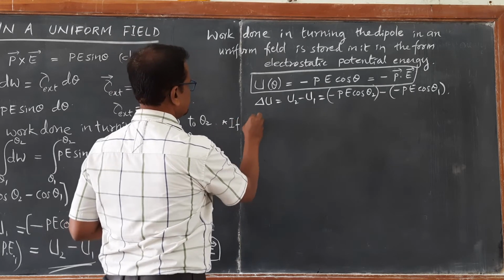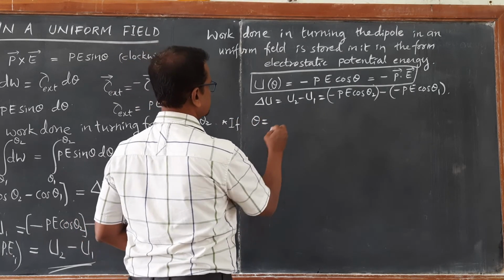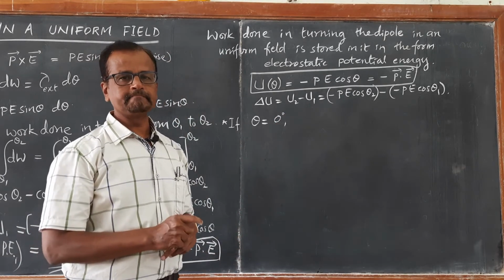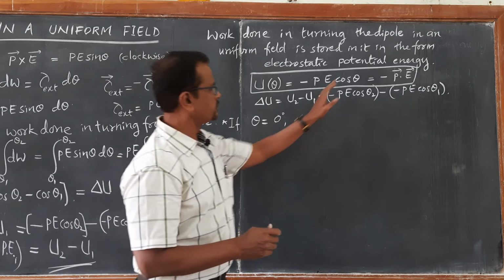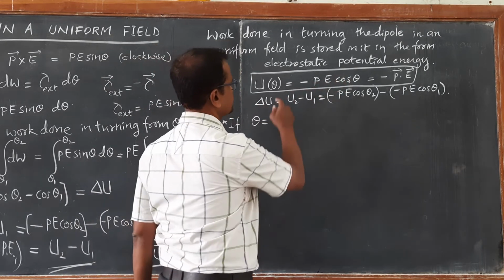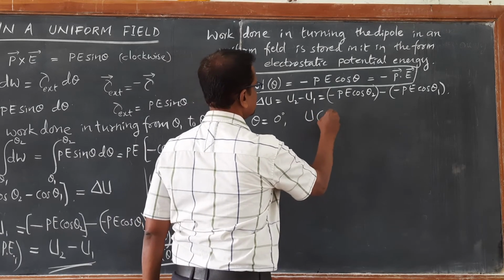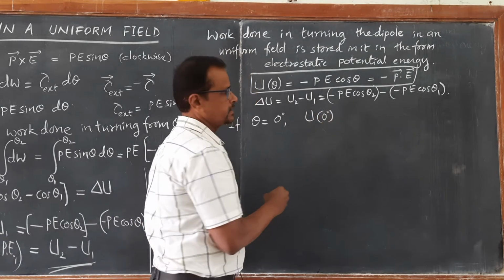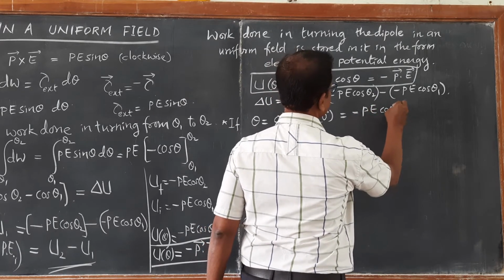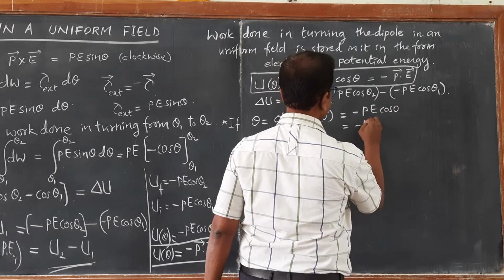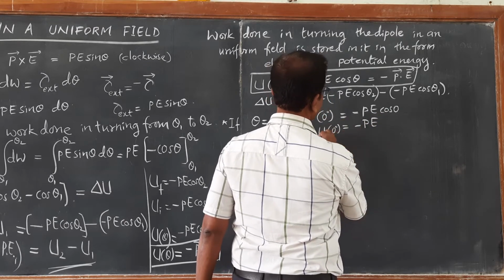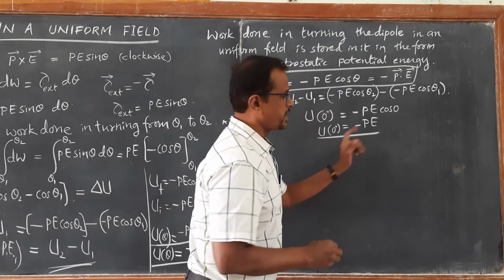First case, theta is 0 degree. If you substitute in the equation of the potential energy, U at 0 degree is equal to minus Pe cos 0. So, minus Pe cos 0 gives you minus Pe, which is minimum potential energy, which is negative.